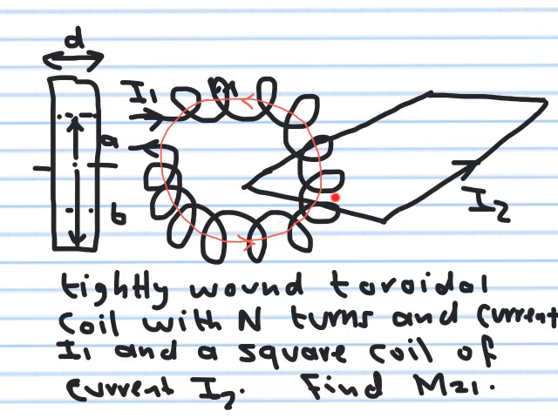B1 will cut through this area, and then it's going to create psi 2,1. No one said anything about a number of turns here, so it's a square coil, and we assume that this one has only one turn. So the flux linkage in this case, lambda 2,1, is equal to psi 2,1.